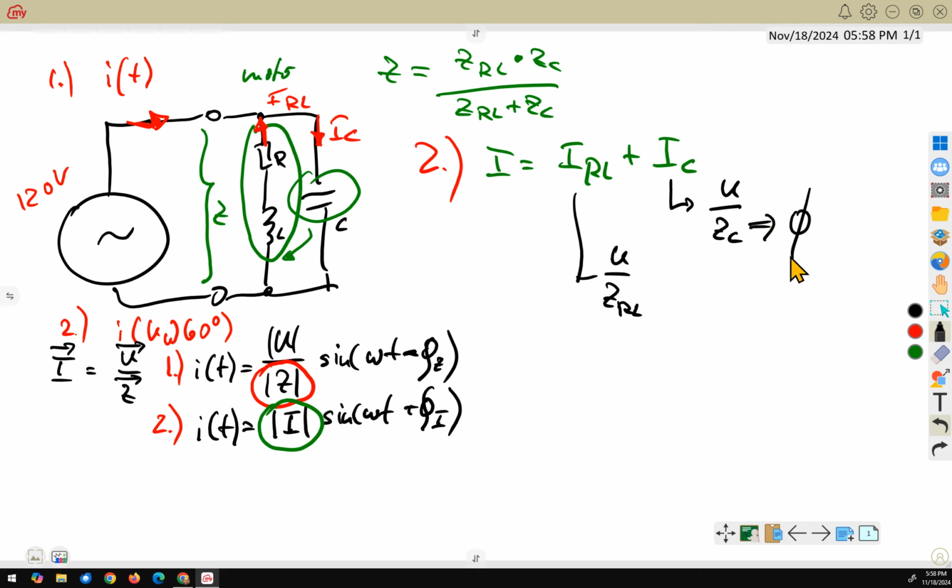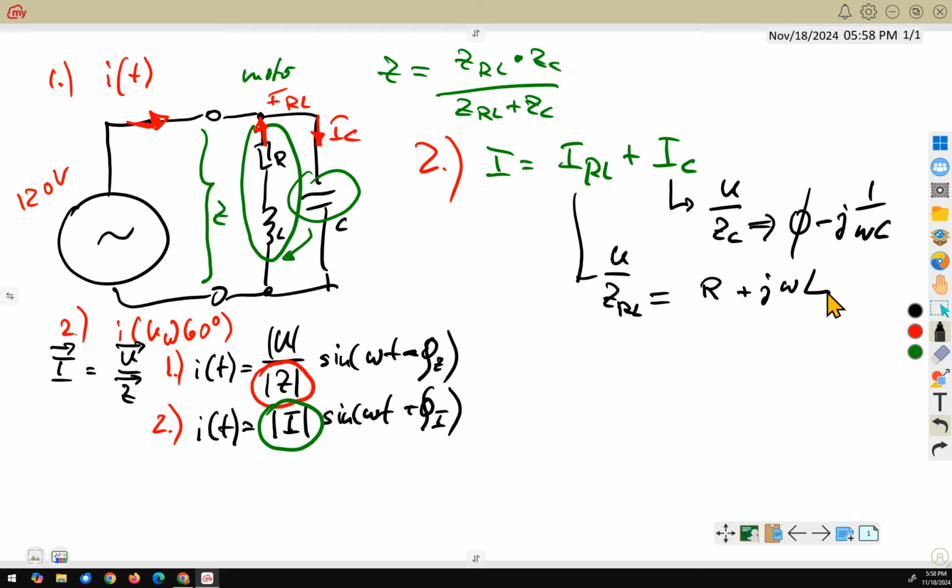The resistance is 0 because it does not have any resistor. It's minus j times 1 divided by omega C. The impedance of the RL branch is the sum of the resistor and the inductor, the resistor plus j omega L.